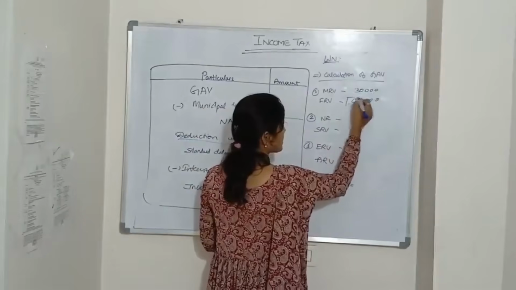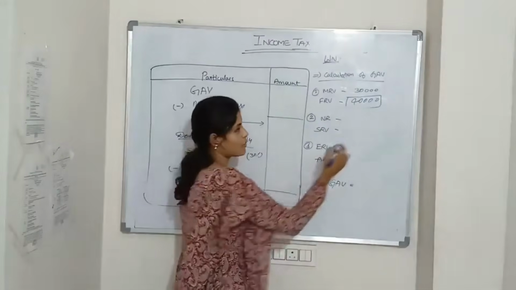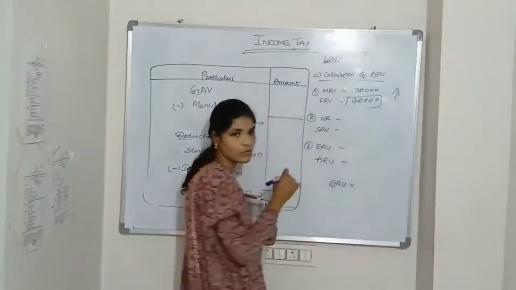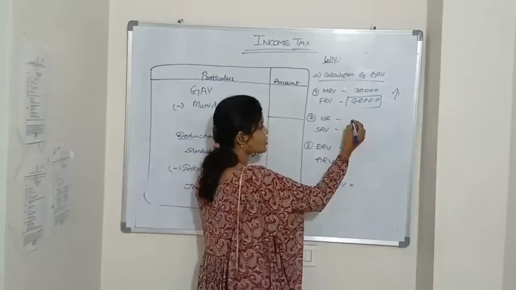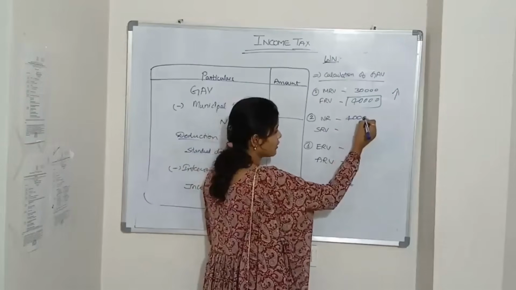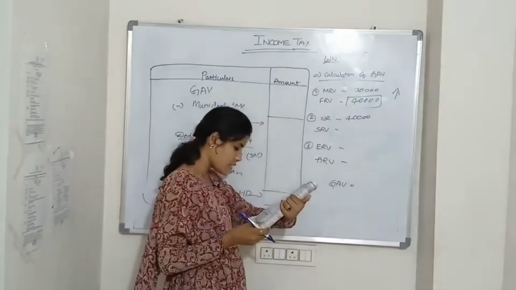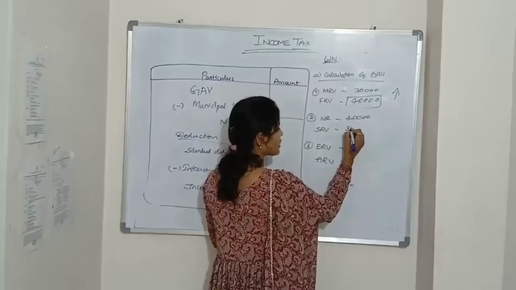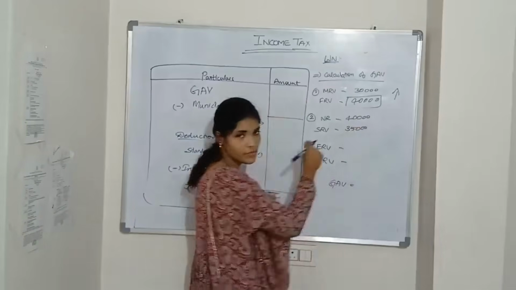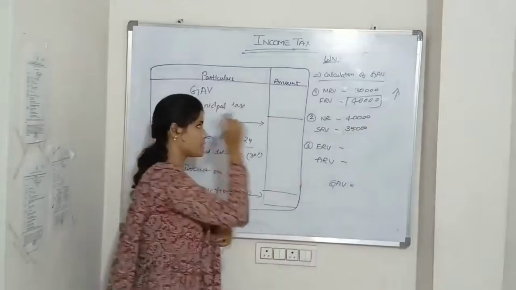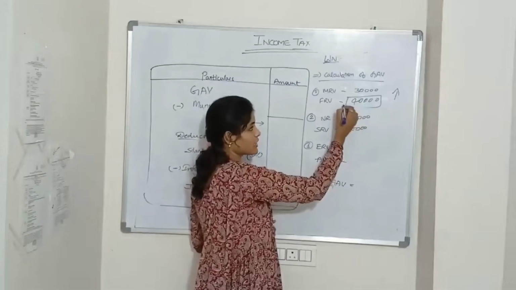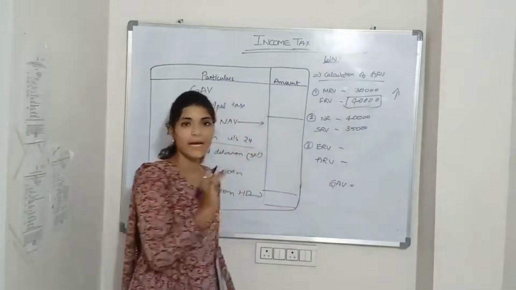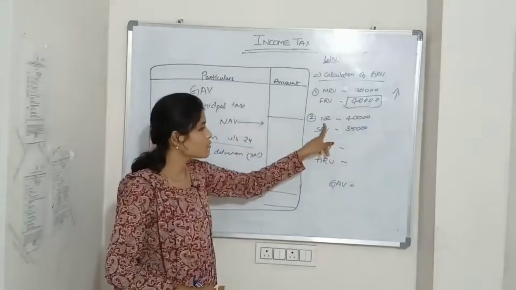Whatever is the highest amount, we will call it the notional rent, which is 40,000. Standard rental value, they have given 35,000. Got it students? Here, why did 40,000 come? Between MRV and FRV, whatever is the highest amount we call the notional rent.